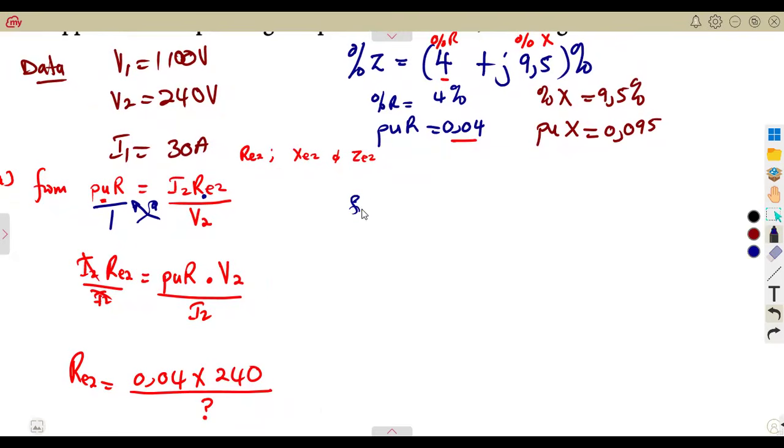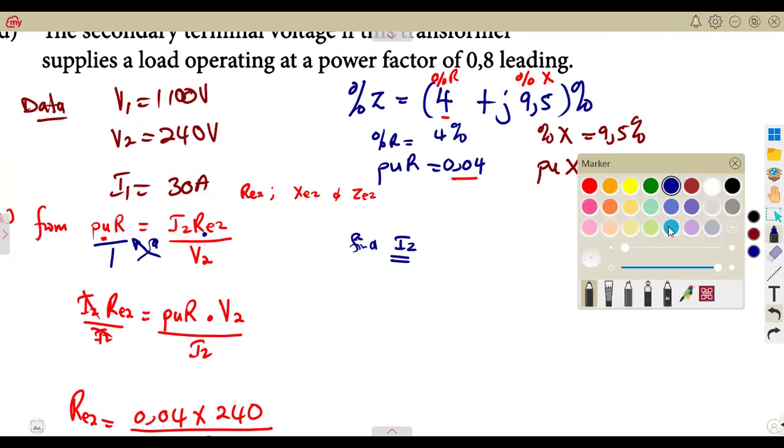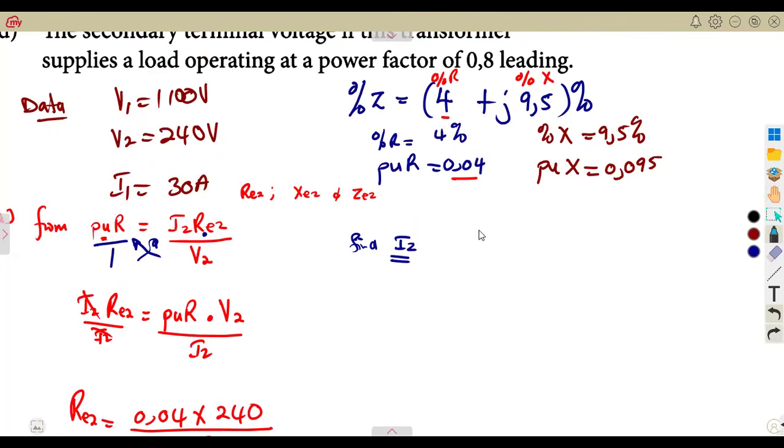So in order for you to have I2, you are now forced to calculate this. To find I2, we can think along the transformer ratio. Remember your transformer ratio, the relationship between voltages and currents: N1 over N2 is equal to V1 over V2, which is equal to I2 over I1. But there we do not have the number of turns. We have got the voltage, so we're going to consider this. How can we make I2 the subject?